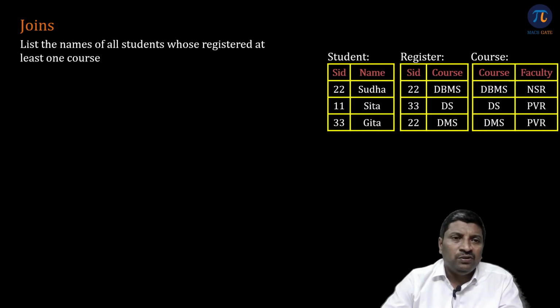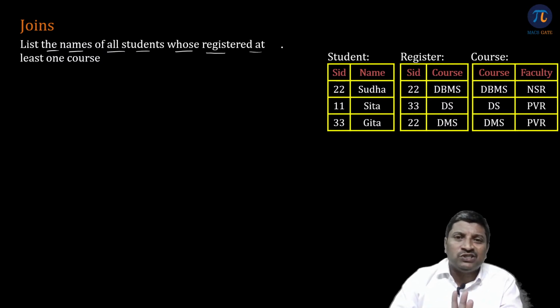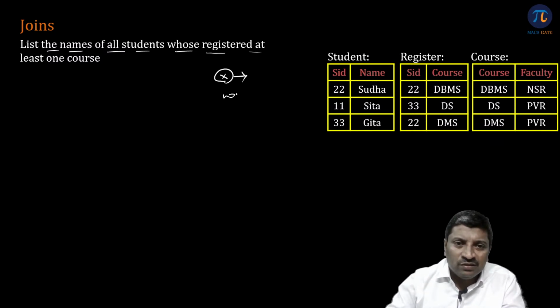Right? So suppose they ask like this: list the names of all students who registered at least one course. Suppose I have a student X. If he registered one course, what will happen, sir? X will be in the register table.